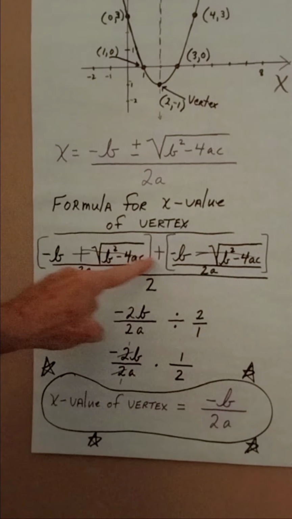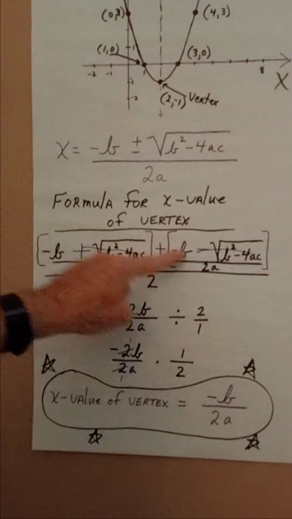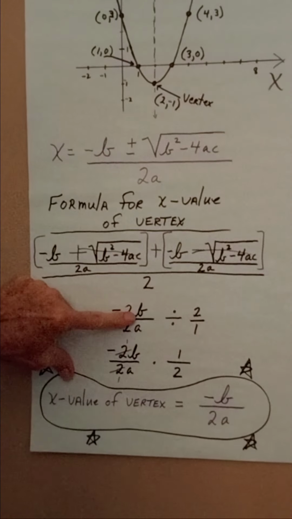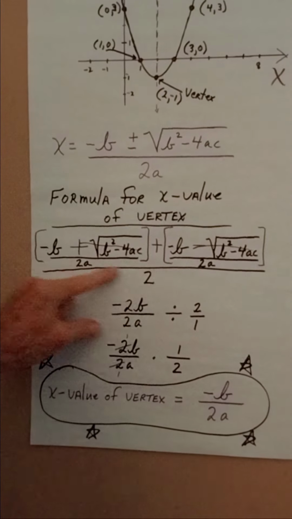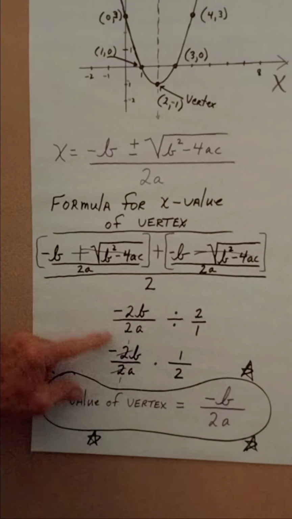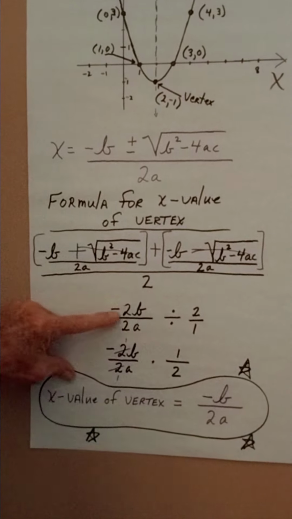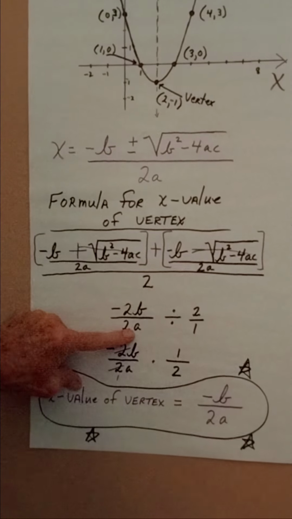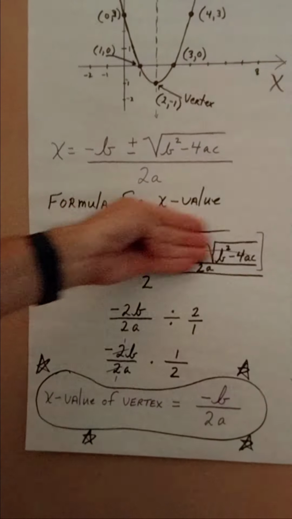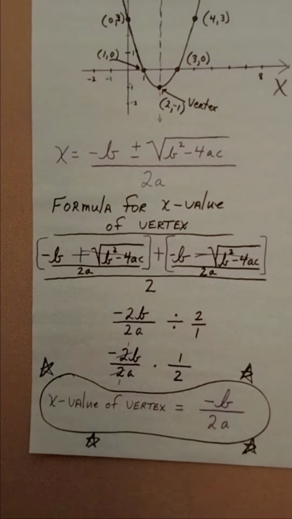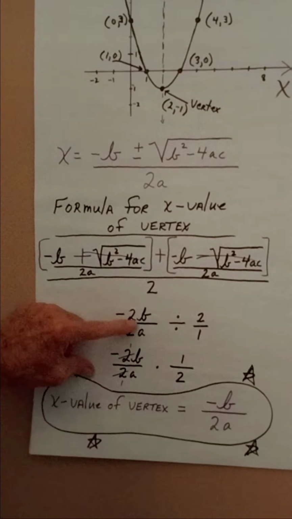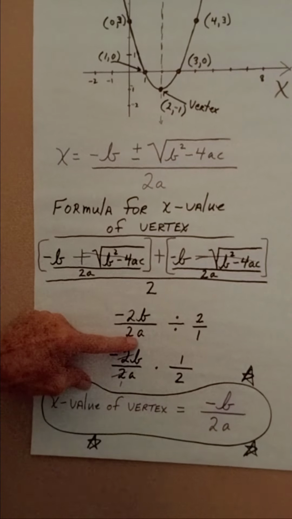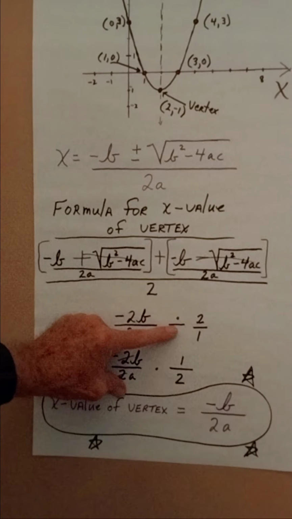So the only thing that we have for our numerator is a negative 1b added with a negative 1b, a negative 2b. And we're going to divide it by the common denominator of 2a. So negative 2b over 2a is the sum of those two x values of those mirrored points. Now we're going to divide it by 2.